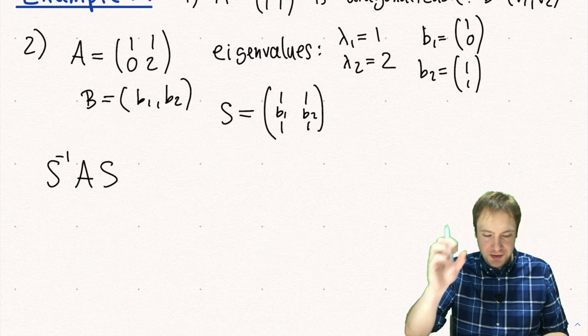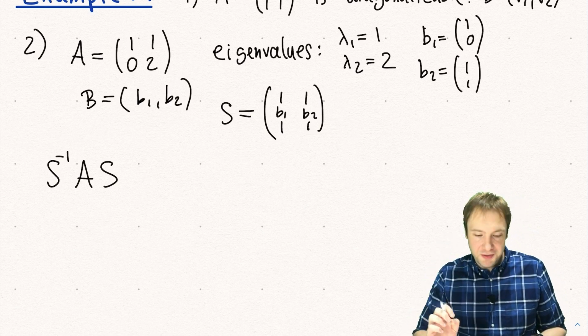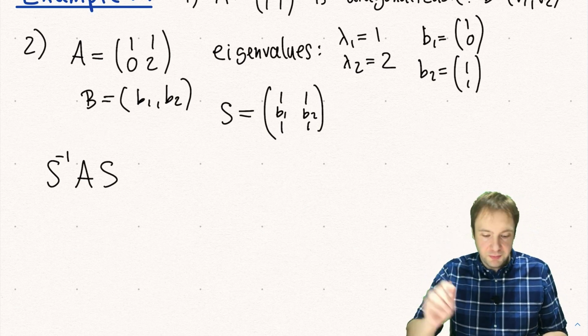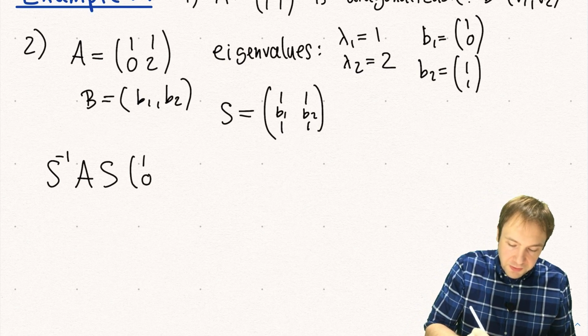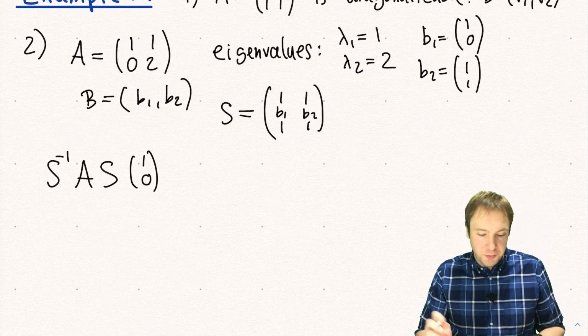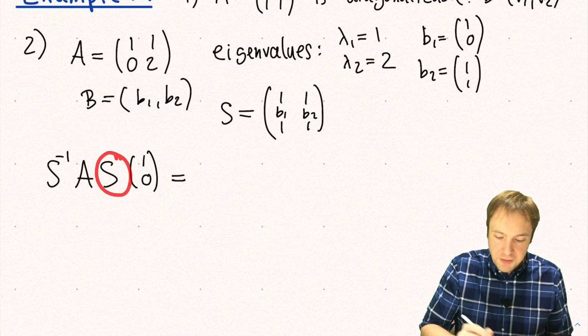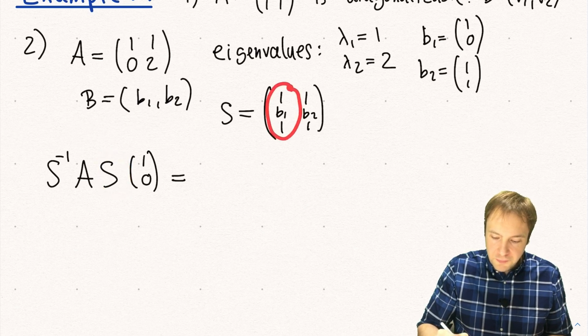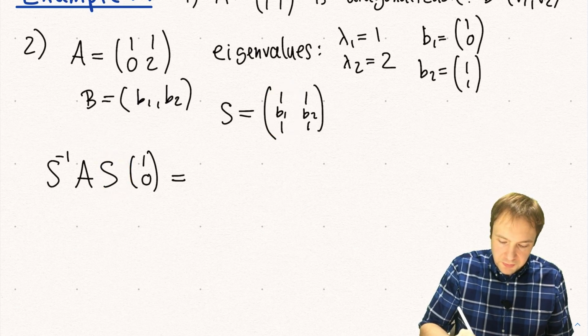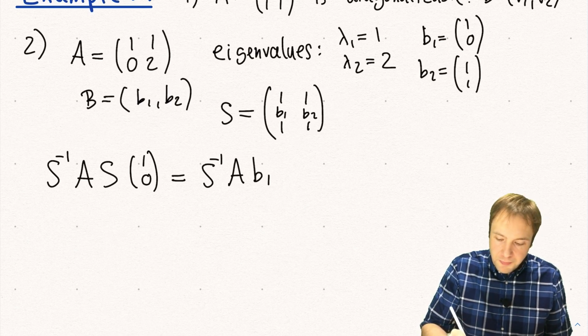So if I want to get the entries of a matrix, I could also see what happens if I multiply it with the unit vectors. If I multiply the matrix S with 1, 0, I get the first basis vector, B1, and here S inverse.